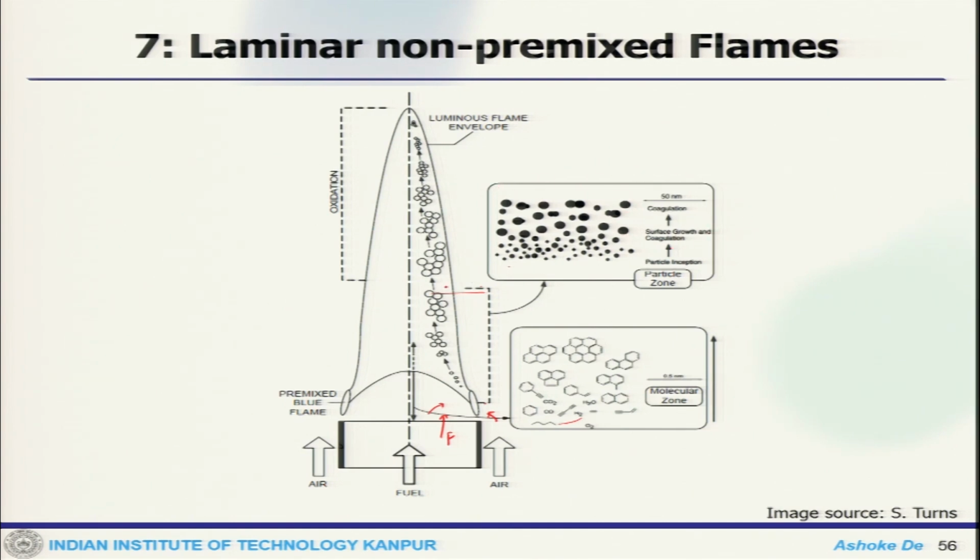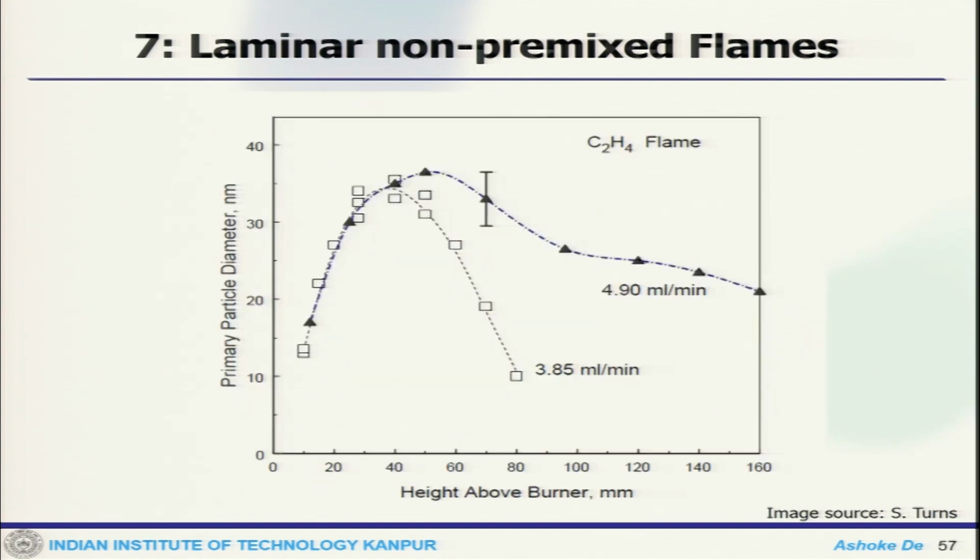And in the rest of the height, the total flame height or flame envelope, the oxidation takes place. If the oxidation is quite complete, then you do not get to see these particles at the end of your process, otherwise you get to see these particles.